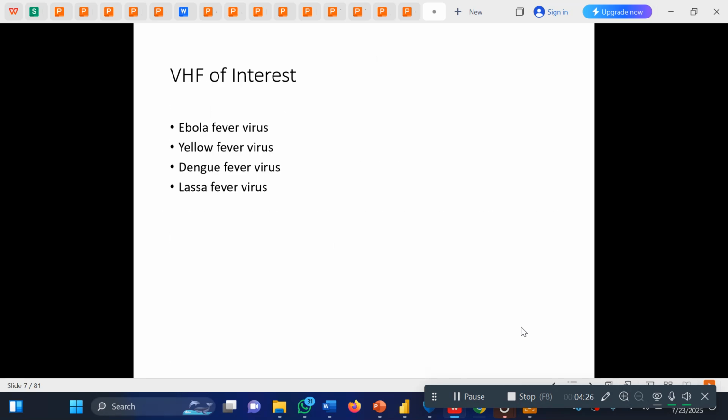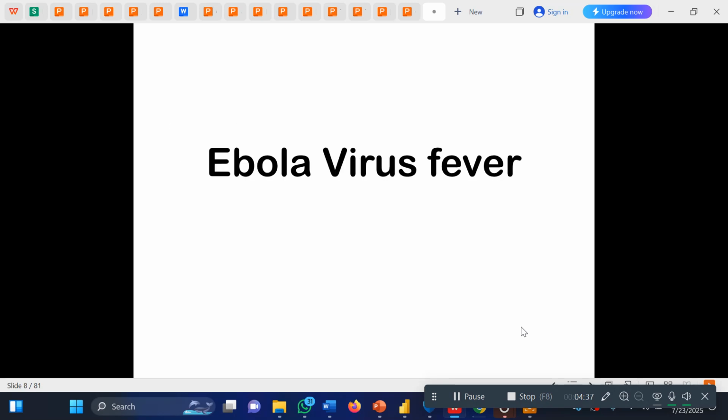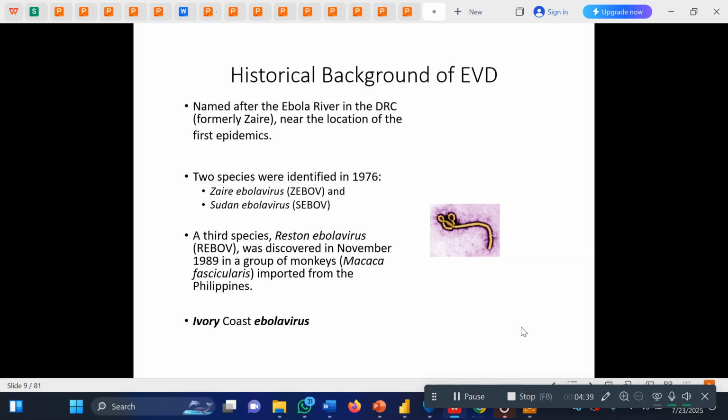Now, the viral hemorrhagic fevers of interest we're discussing are the Ebola virus, the yellow fever virus, the dengue fever virus, and the Lassa fever virus. The Ebola virus is named after the Ebola River in the Democratic Republic of Congo, formerly known as Zaire, near the location of the first epidemic.